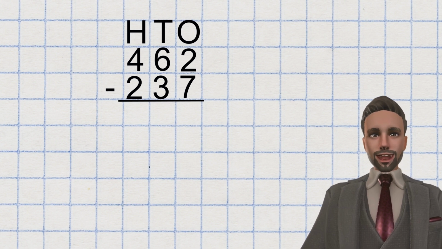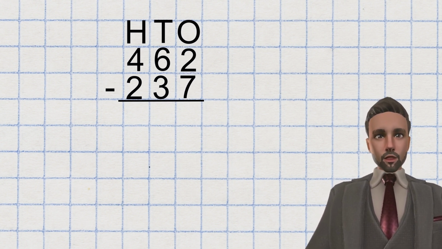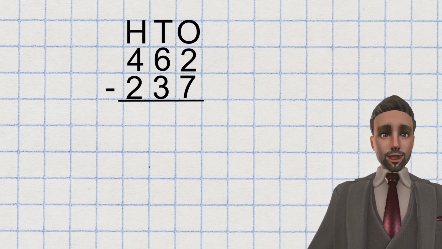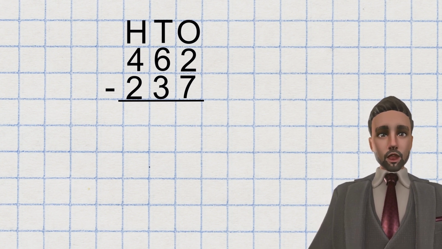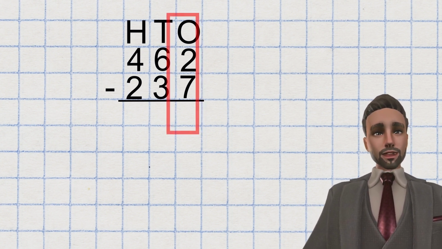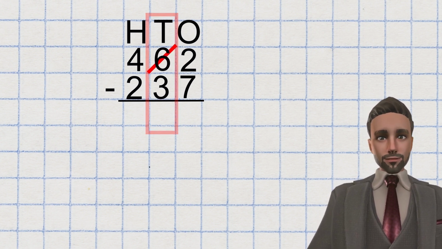Well, here we have 2 subtract 7. The 2, which is on top, is smaller than the 7, which is on the bottom. We can't take 7 away from 2. This means we must go to the column to the left and take just 1 from there, like so.